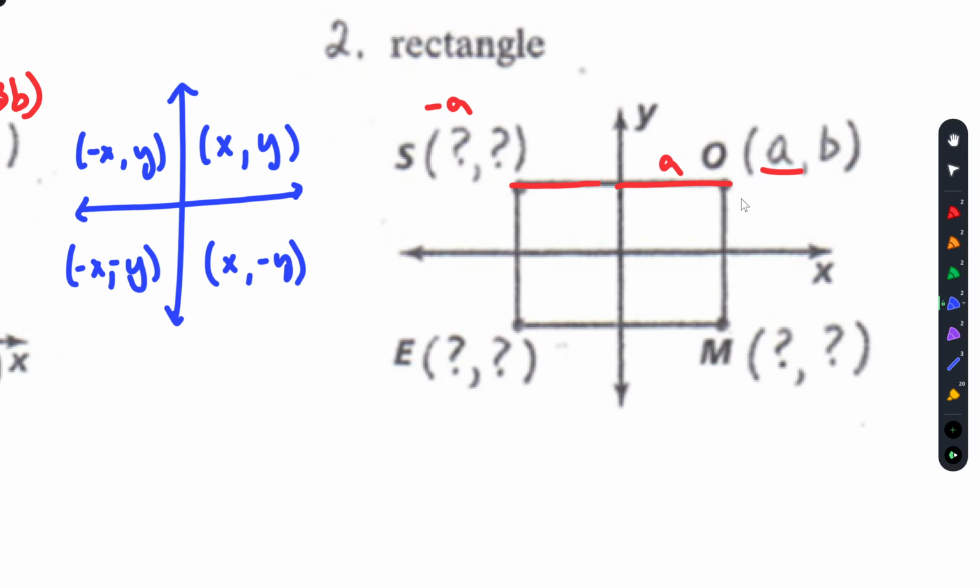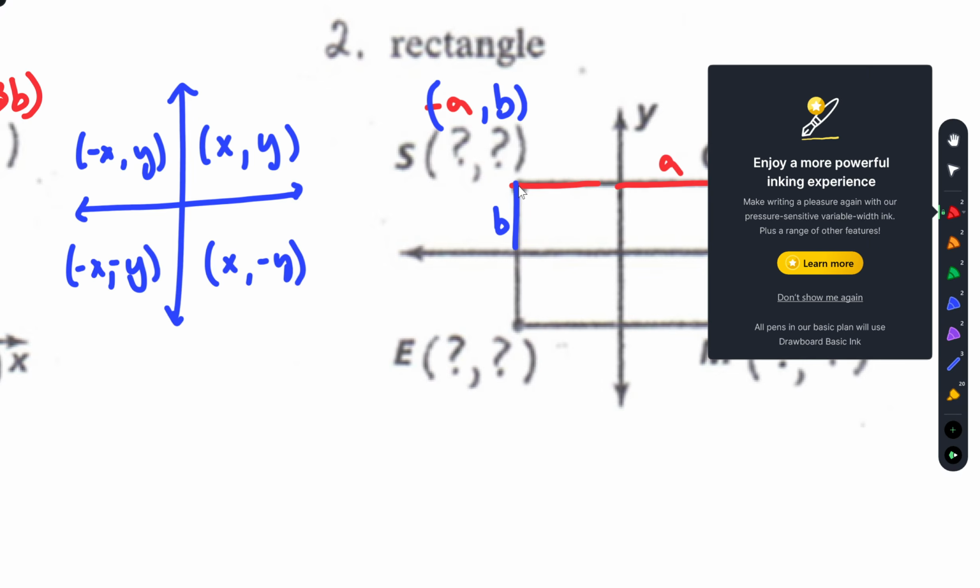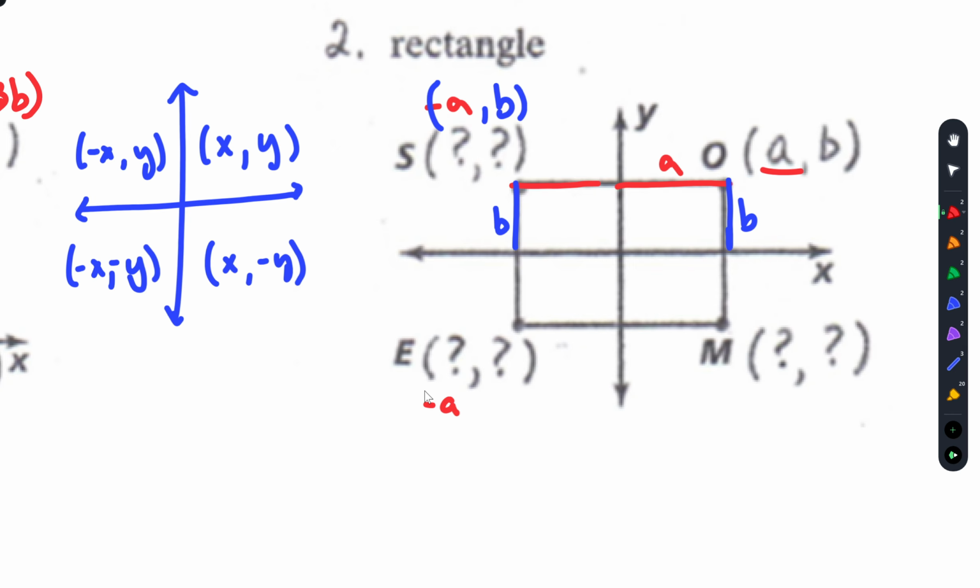Same thing with B. This right here is a positive B. This right here should be a positive B. If I now follow that pattern of what the signs should be, I should kind of figure this out, right? This A lines up with my other A, so that's a negative A. This B is going to be a negative B. And over here, our A should be positive, our B should be negative. Any questions on that? Okay.